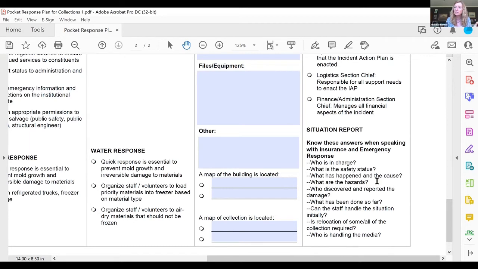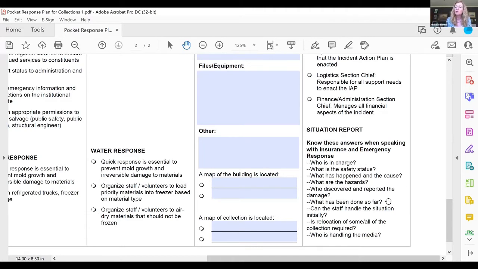What are the hazards? So you don't have to put anything in your plan. These are the questions that will be in your pocket response. It's just for people to think through when there's been an emergency or disaster. Everyone should know this.